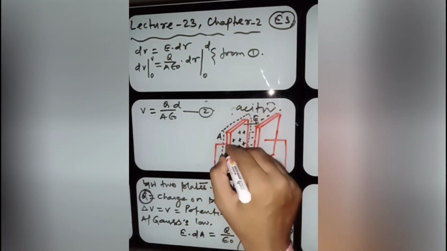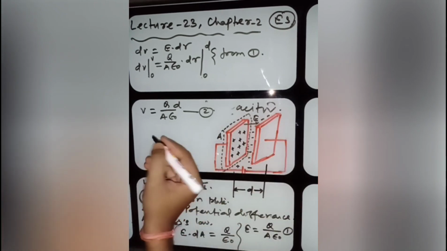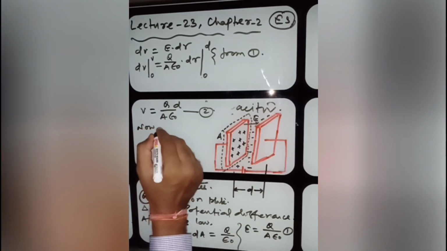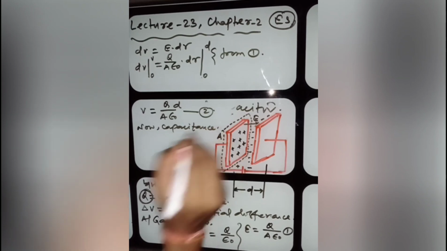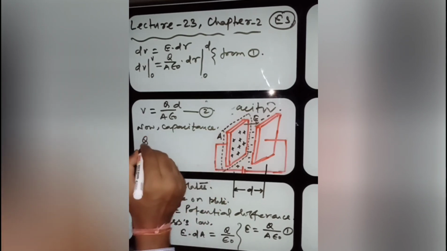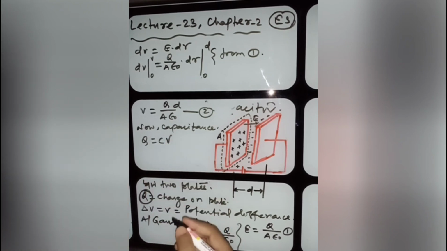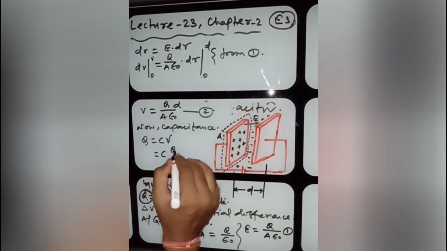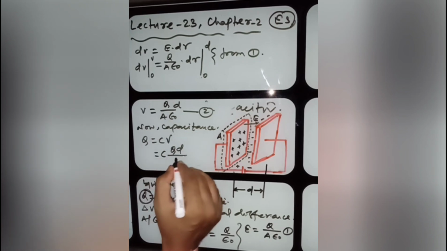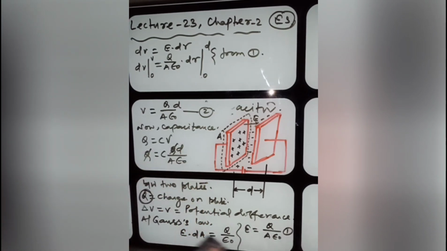Now the third step was to find the capacitance. For the capacitance, we can write Q equals C times delta V. So it is C times V, and V is Q D by A epsilon naught, and the Q will cancel out.